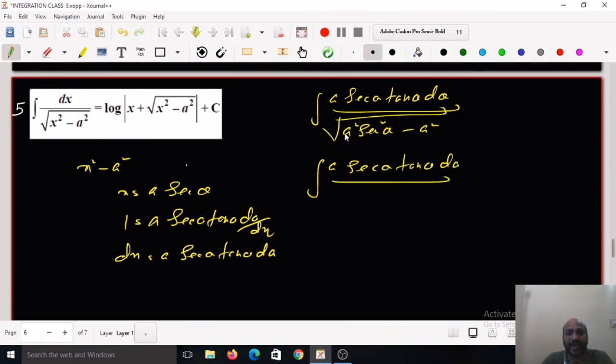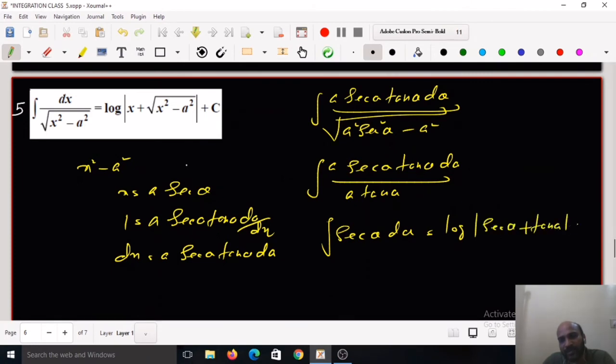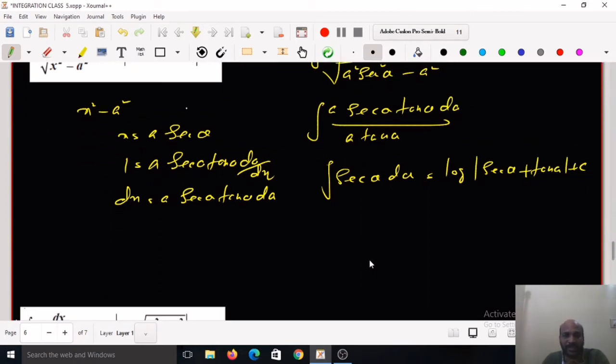What is the denominator? A square into sec square minus 1. Sec square minus 1 is tan square. A square tan square, root of which is a into tan theta. So you can cancel a, you can cancel tan theta. The remaining term is integration of sec theta d theta. That is log mod sec theta plus tan theta plus c.